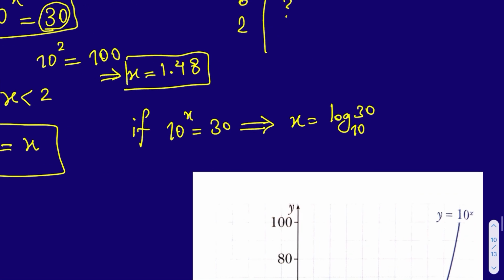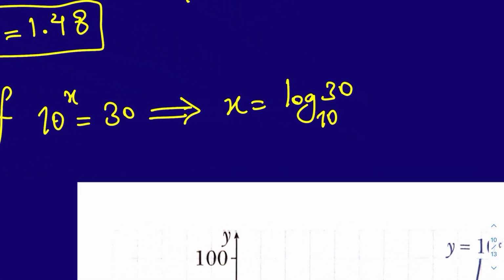So notice that this 10 is down left side below the number. So this number 30 is exactly in front of log. So it's not the index of 10. 30 is not the index of 10. It's just the number in front of log, which is the abbreviation for logarithms.